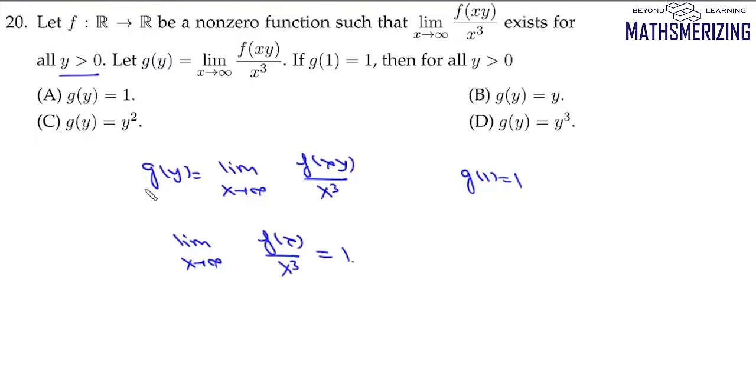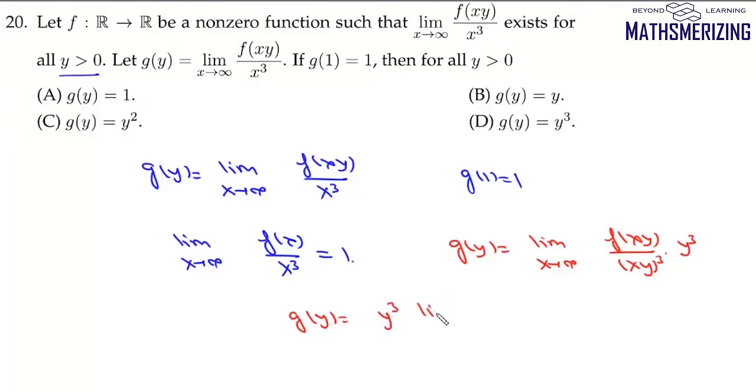Now what we'll do is, we'll write this g(y) as this limit x tends to infinity f(xy), and here we'll write this as (xy) cube into y cube. Now we can write this g(y) as y cube into limit x tends to infinity f(xy) upon (xy) cube.